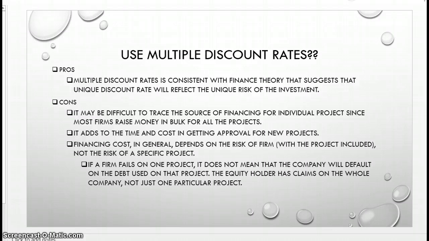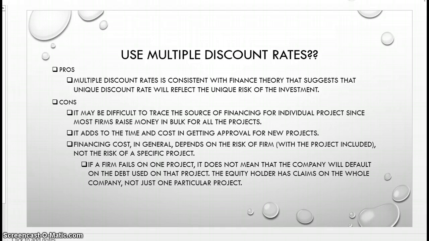Now, some of the problems that we have with using multiple discount rates is that, of course, we can't trace normally the specific source of financing for an individual project. Most companies raise money in bulk, and then through capital budgeting process, they assign that money out to all of their projects.